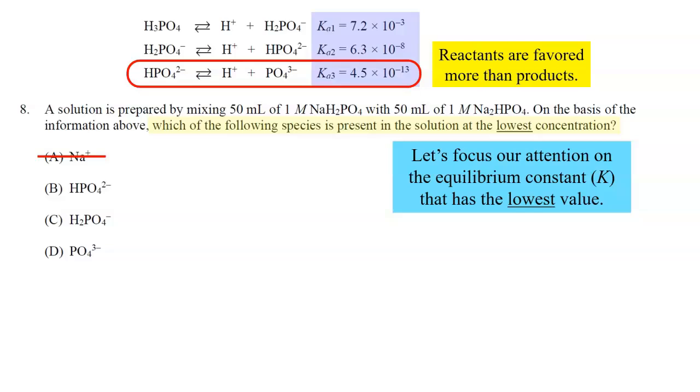So the species that's present in solution with the lowest concentration would be the product of that equation that has the smallest value of K. And that makes the phosphate ion, PO4 3-, which is featured as a product in the equation that has the smallest value of K, that makes that species the least likely to be produced in this solution. So the correct answer to question 8 is choice D.